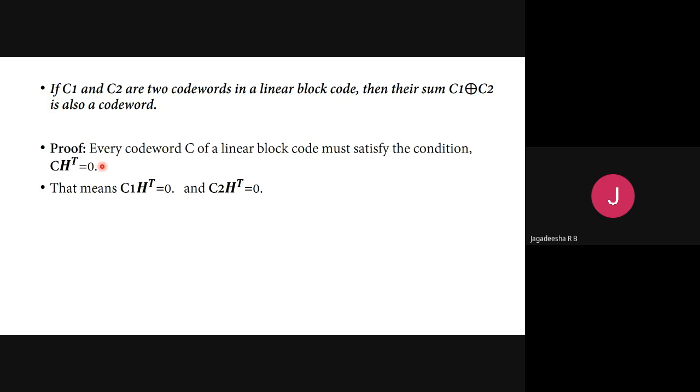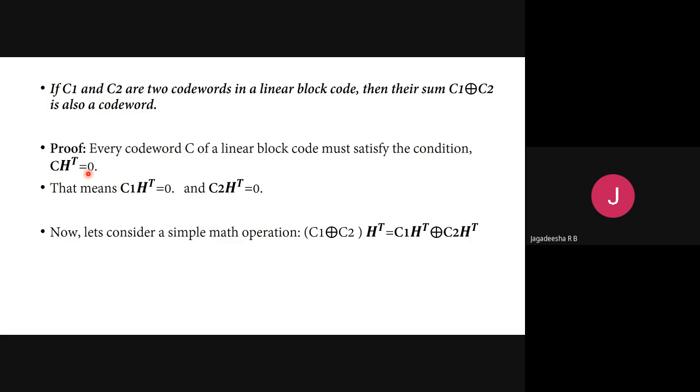Now, we will extend this relation to this theorem. That is, if instead of C you have two code words, C1 and C2, then they also should follow this: C1 H transpose is equal to 0 and C2 H transpose is equal to 0. Basically, we are generalizing the original theorem, theorem number 1, we discussed earlier.